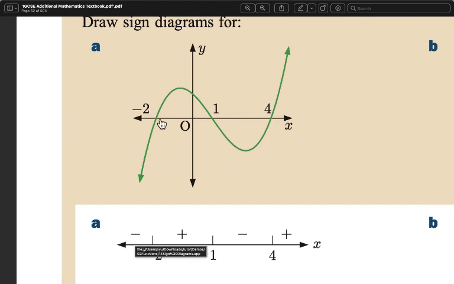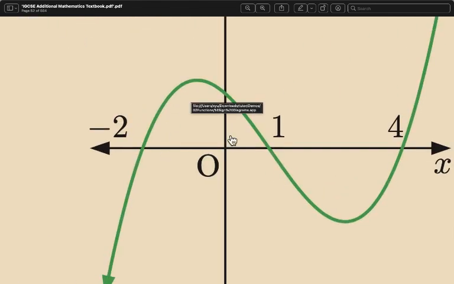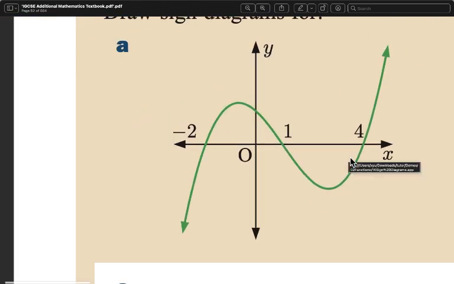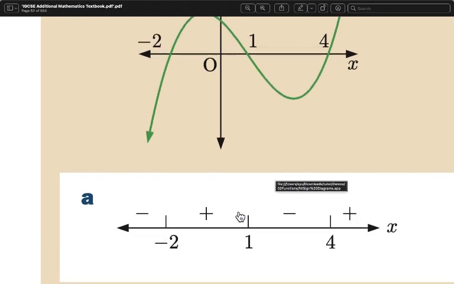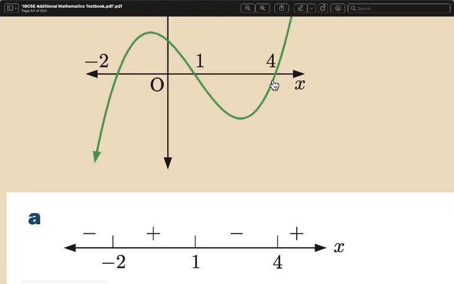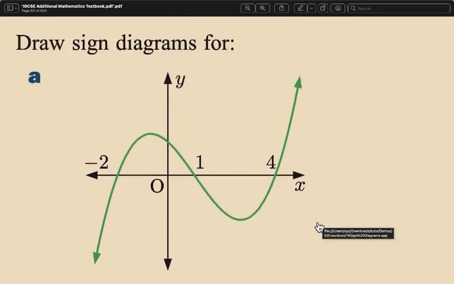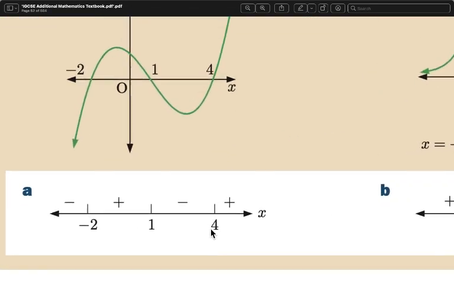For values between -2 and 1, the graph is above the x-axis, so the sign is positive. Between 1 and 4, the graph is below the x-axis again, so the sign will be negative. For values of x more than 4, the y value will always be above the x-axis, so the sign will come out as positive.